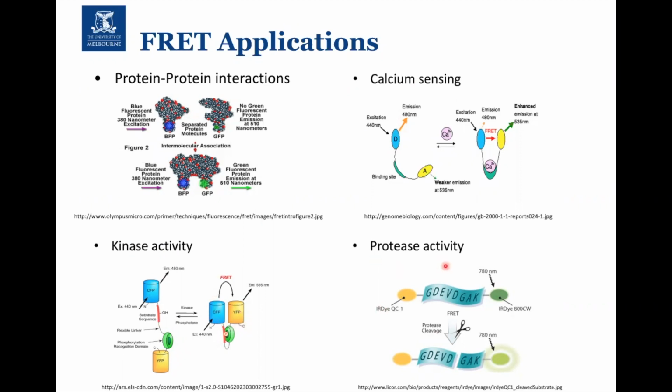Or things like protease activity, where you have two fluorophores which are separated, but within a FRET distance. Once a protease cleavage site is recognized and cleaved, then that separates these two molecules out and FRET can no longer occur. So again, worth having a read into any FRET applications that might be applicable to your research.